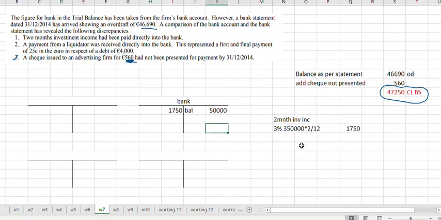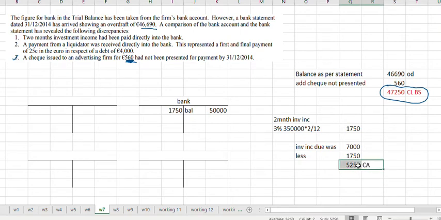Remember, investment income due was 7,000. Now less 1,750 now means 5,250 is our current asset.